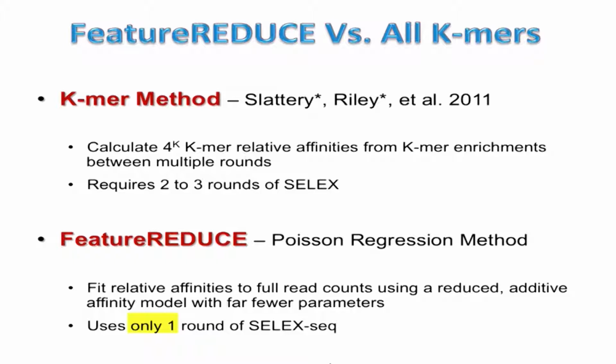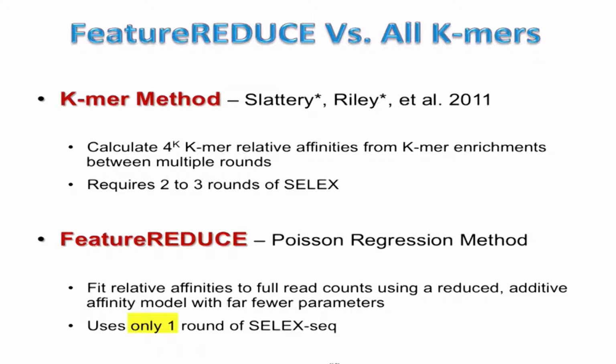One, we're only using round one data here, and not rounds 1, 2, and 3. And there's a huge reduction in the number of parameters that we're training for. And we want to see, given those, even though the y-axis FeatureREDUCE Poisson model affinity estimates are twice handicapped, how well do they match the Kamer model?